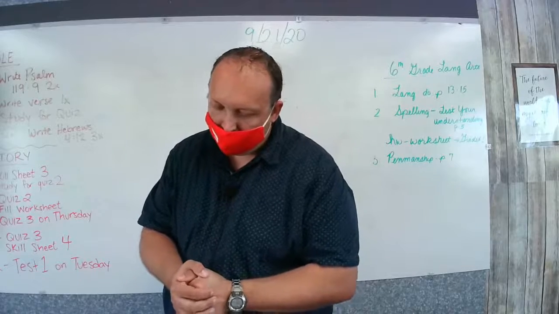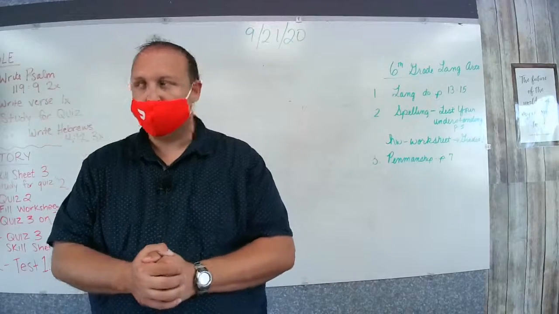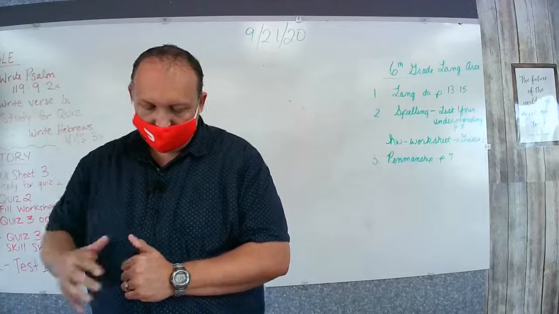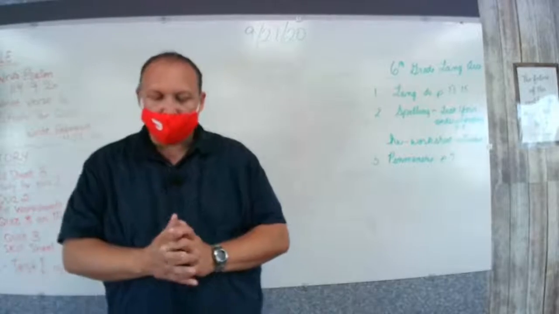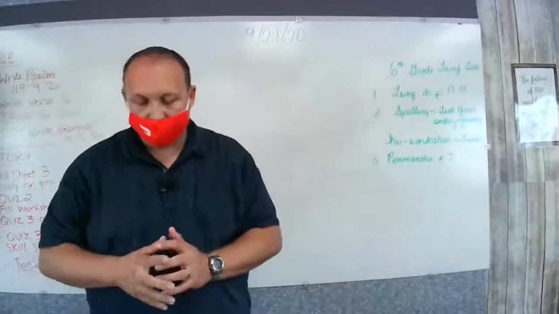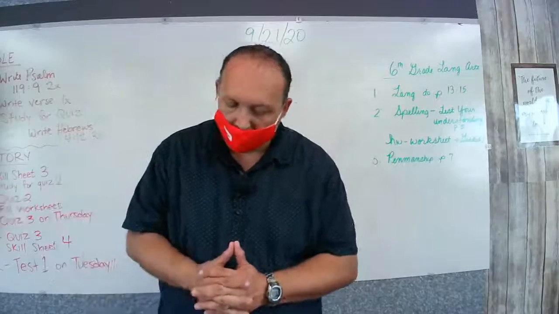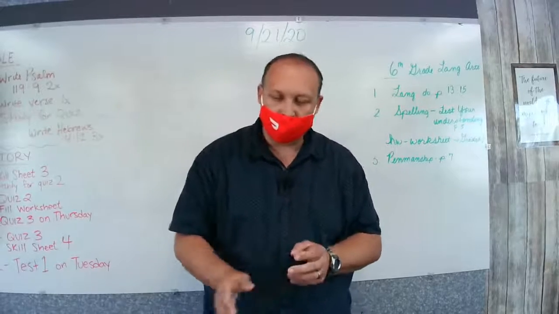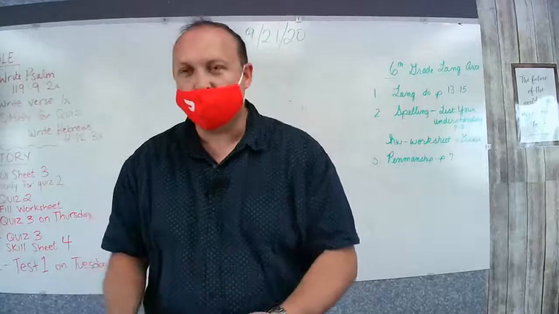Hectometer. DM is abbreviation for? Decimeter. MM is abbreviation for? Ariel? Millimeter. And YD is abbreviation for? Gavin? Yard. All right. You guys have rulers?